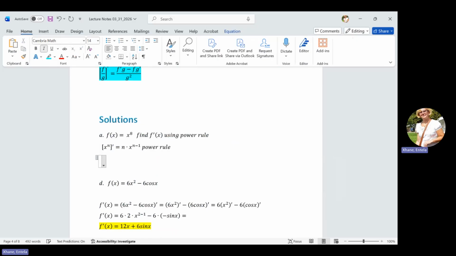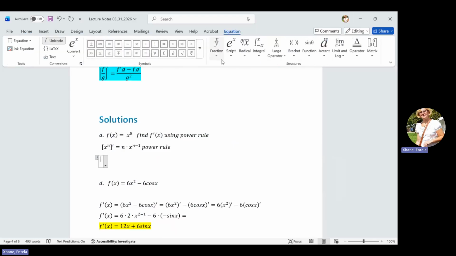What the power rule is saying is, in order to differentiate x to the power 8, according to the power rule, you have to bring the exponent 8 in front of it, and then multiply this by x to the power 8 minus 1.